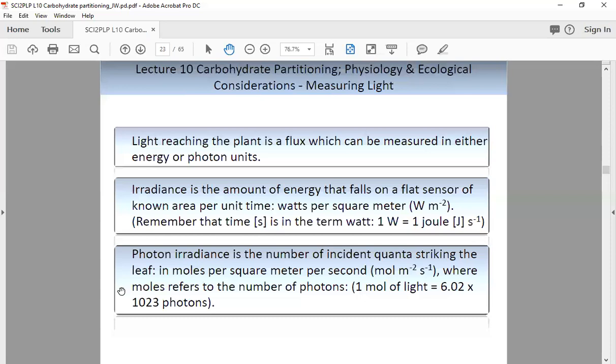And there's a bit of a typo here. Did anyone pick this? 1 mole equals Avogadro's constant, which of course is 6.02 by 10 to the power of 23. So I'm sure you remember Avogadro's number from living systems. And if you don't, that's fine.